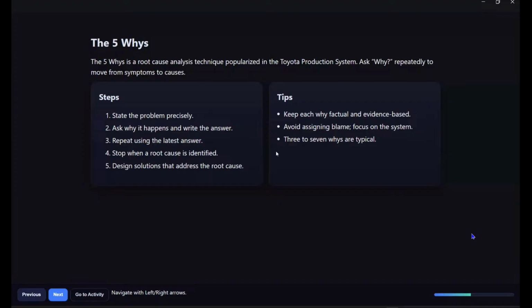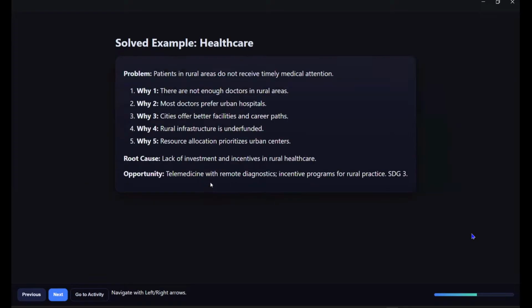The first step is to state the problem precisely, ask why it happens and write the answer, repeat using the latest answer, stop when a root cause is identified, and design the solution that addresses the root cause. Let us take an example to understand.